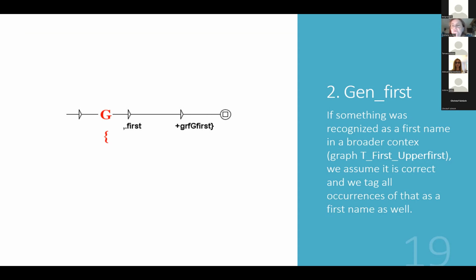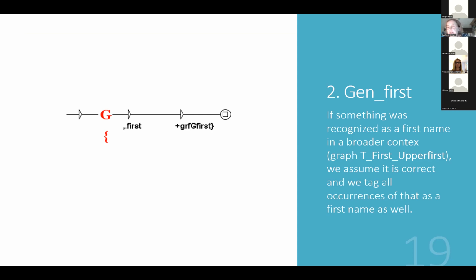So this is the first generalization graph, the generalization graph for the first name. If in the previous step something was recognized as the first name in a broader context, for instance, it has a title or it was followed by something that may be a last name, we at this point assume it was correct, and we take all occurrences of the same string to be a first name as well.